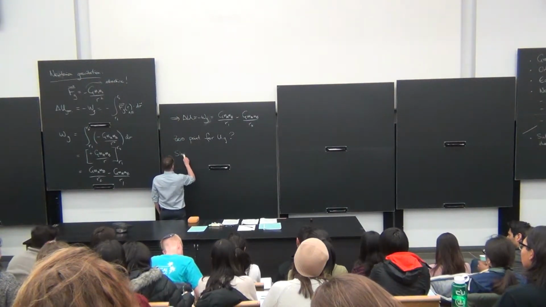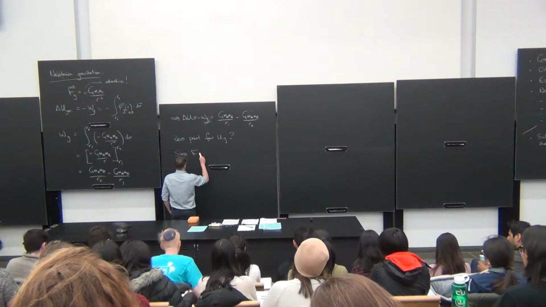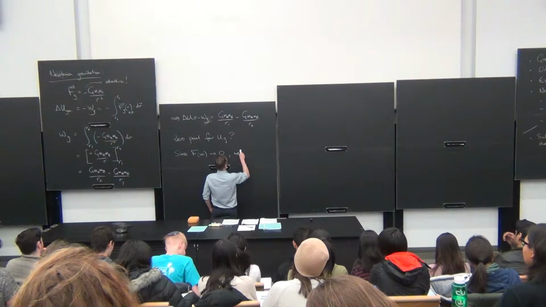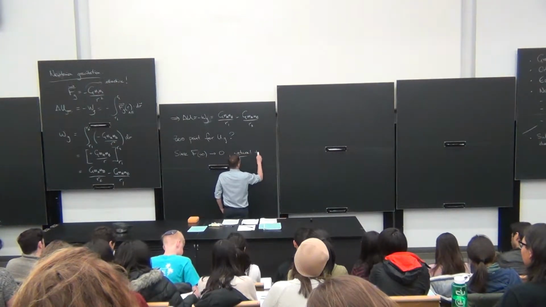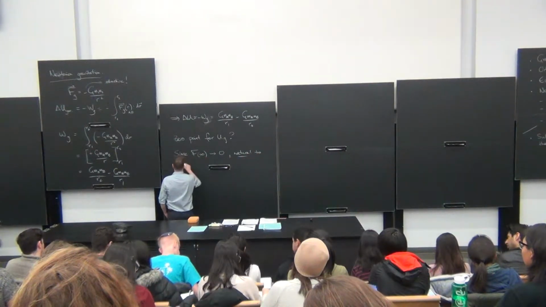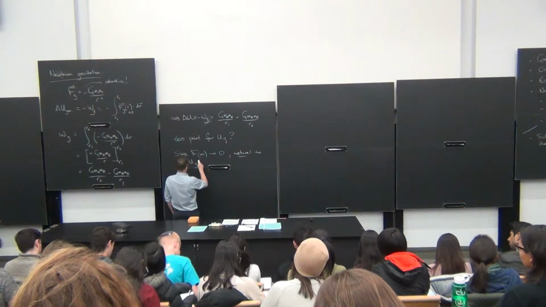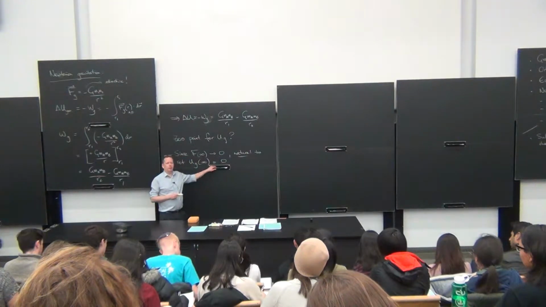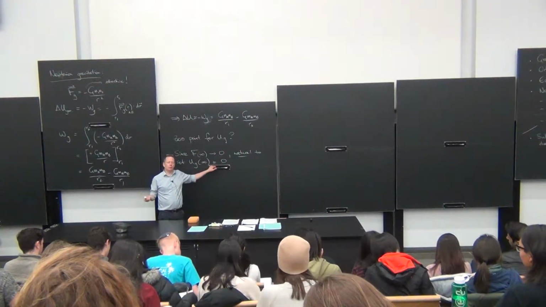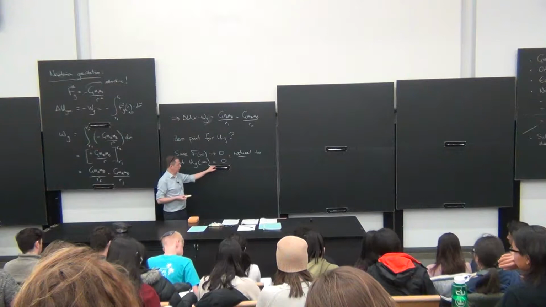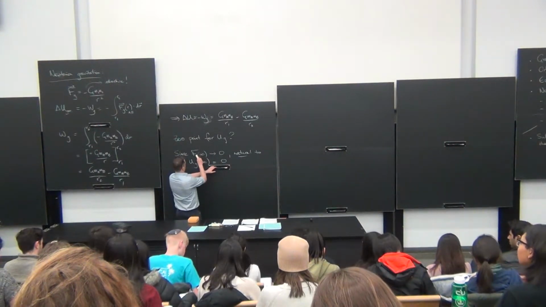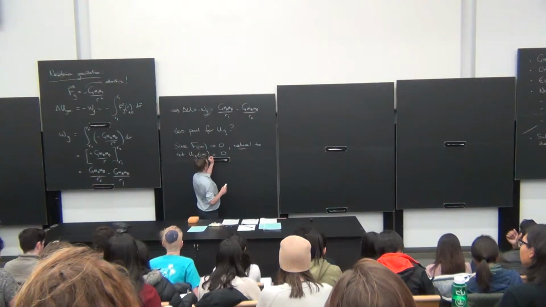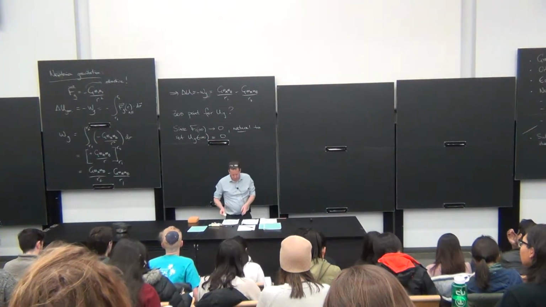So I'm simply going to write this as: since F of infinity goes to 0, it's somewhat natural to set the corresponding gravitational potential energy to be 0 as well. And we'll typically do that, okay? Now remember, it's still a choice, but in this case there's a stronger motivation for doing so. So this is at R equals infinity, and this is at R equals infinity as well. So that's typically what we're going to use.